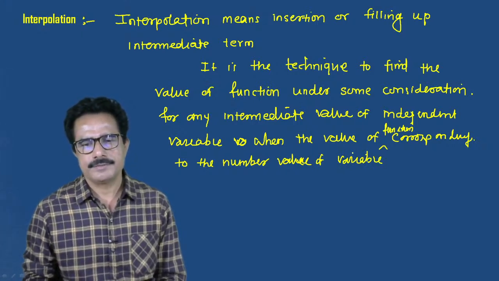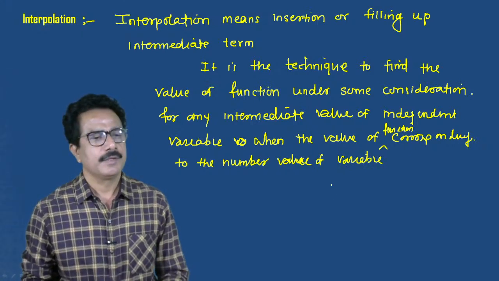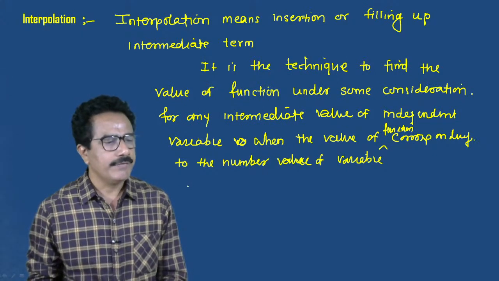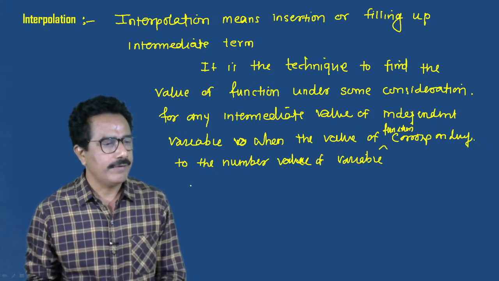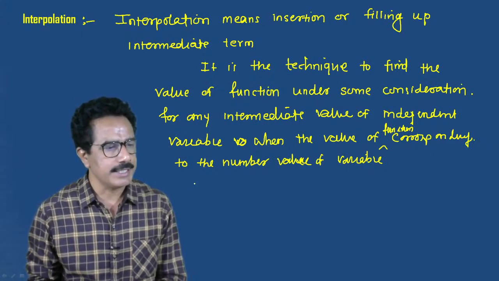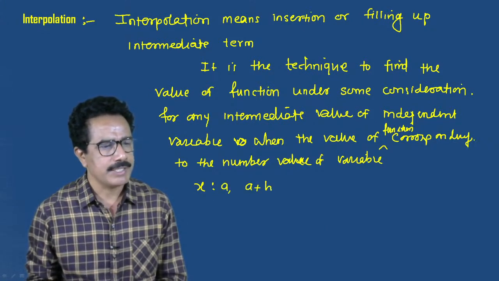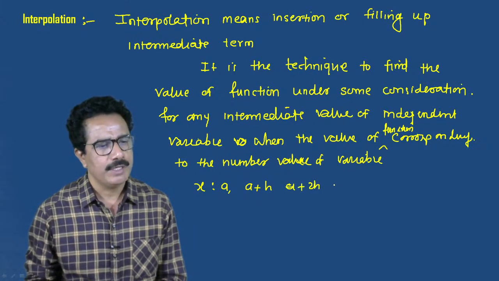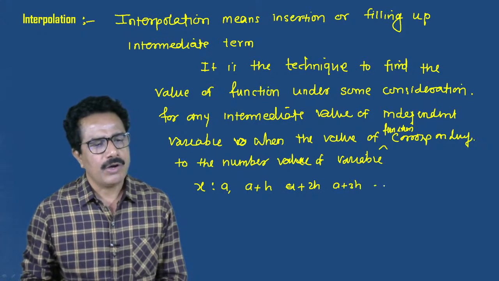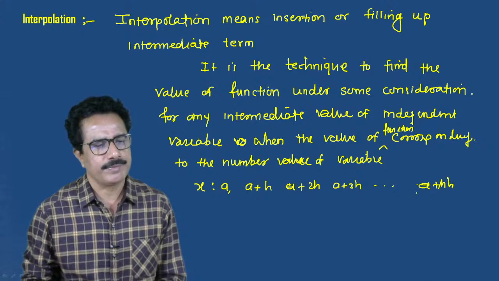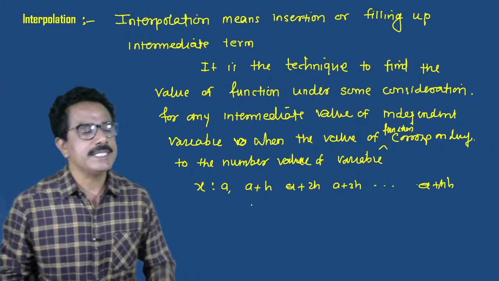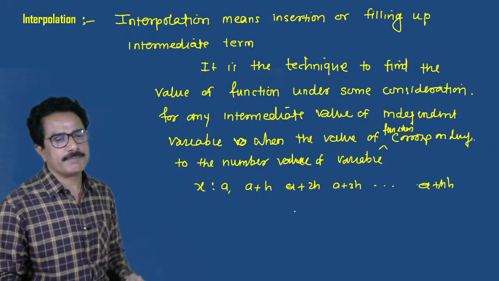Now suppose we consider the values of x as a, a plus h, a plus 2h, a plus 3h, up to a plus nh. These are the values of x.